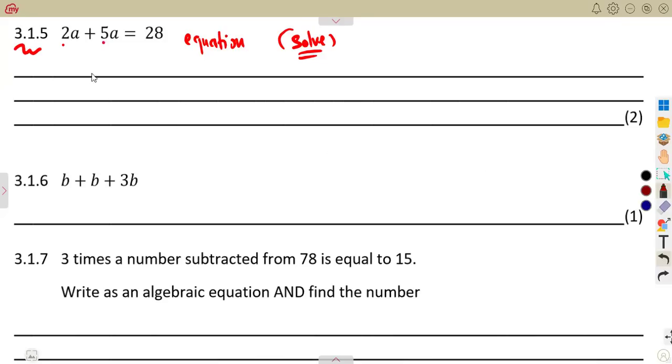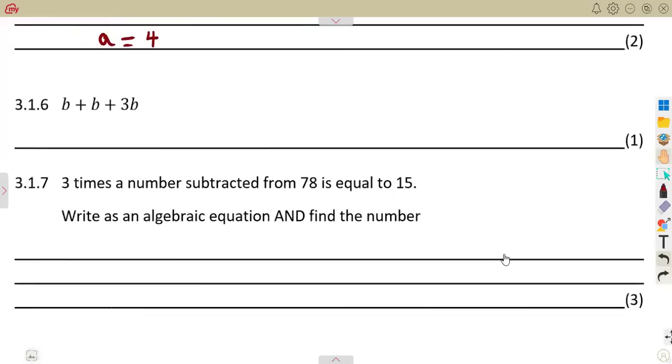That was going to be 7. So 7a is equal to 28. How do you remove the 7? Multiplicative inverse, divide by 7 both sides. So a was going to be 28 divided by 7, which is 4. 7 into 28, that will be 4 times. So a represents a 4. A is equal to 4. That's an equation.